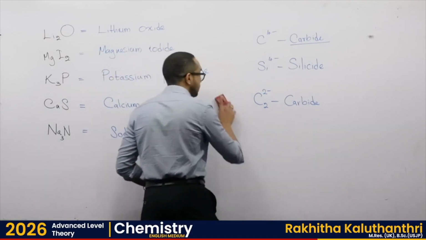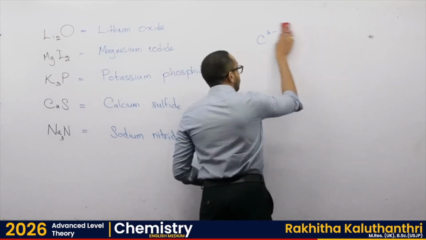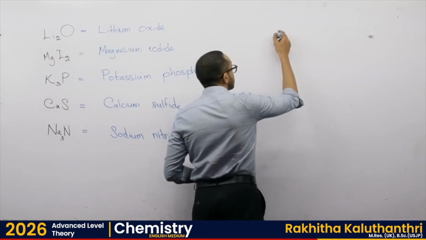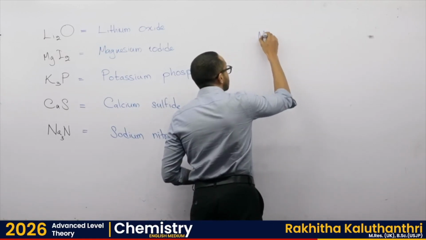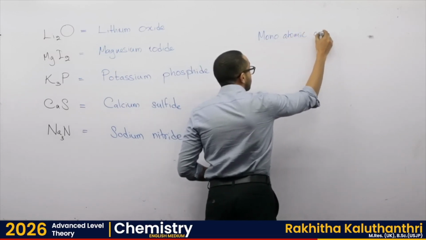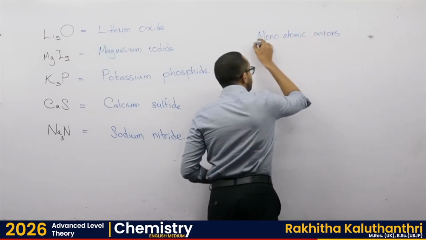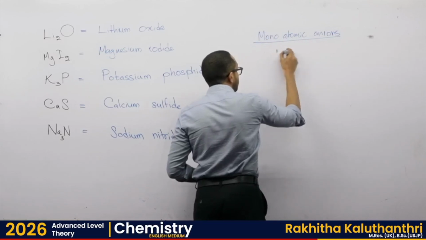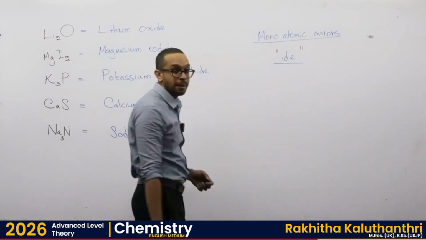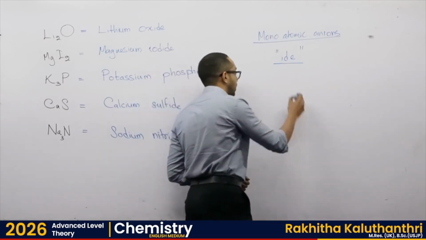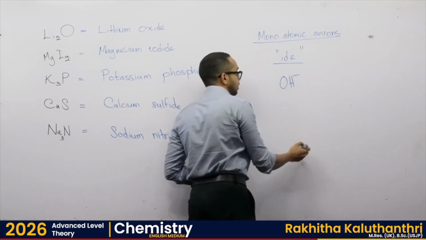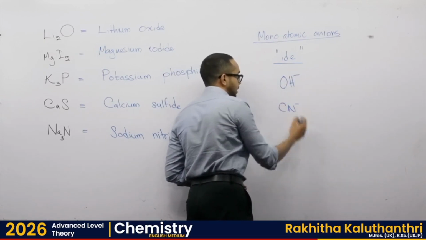Now apart from that, we said monoatomic anions have the IDE ending. But certain other ions like OH minus and CN minus are exceptions.